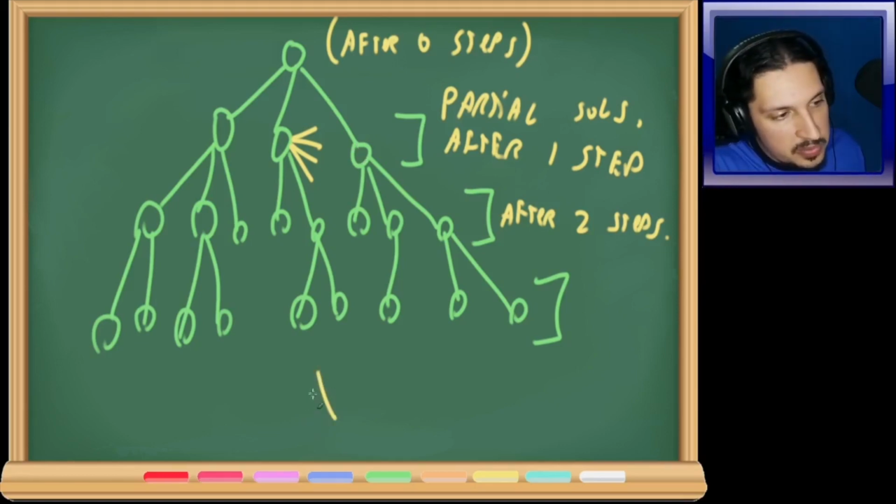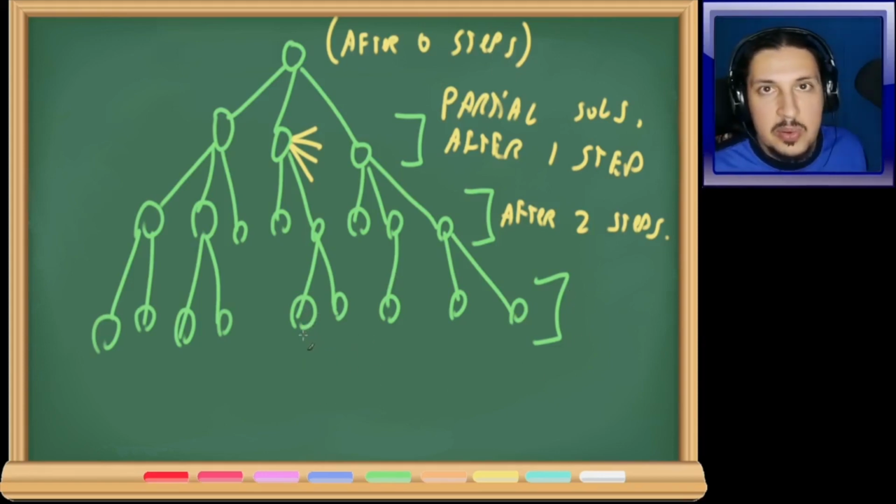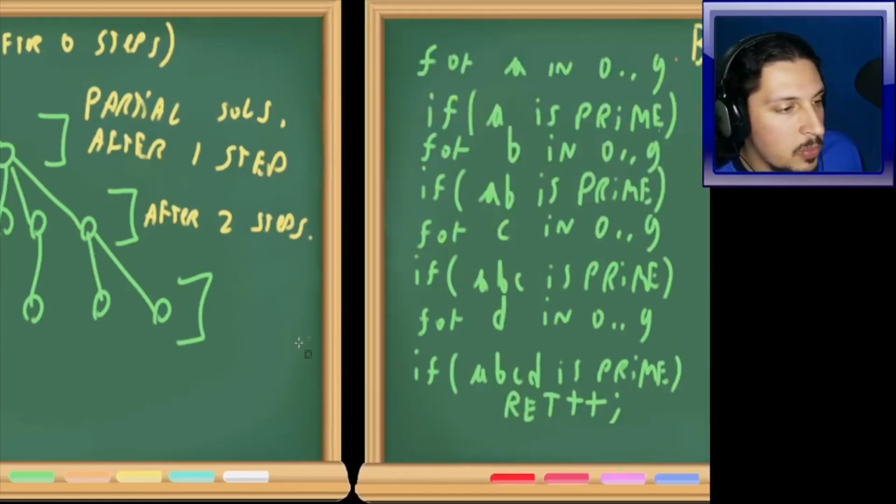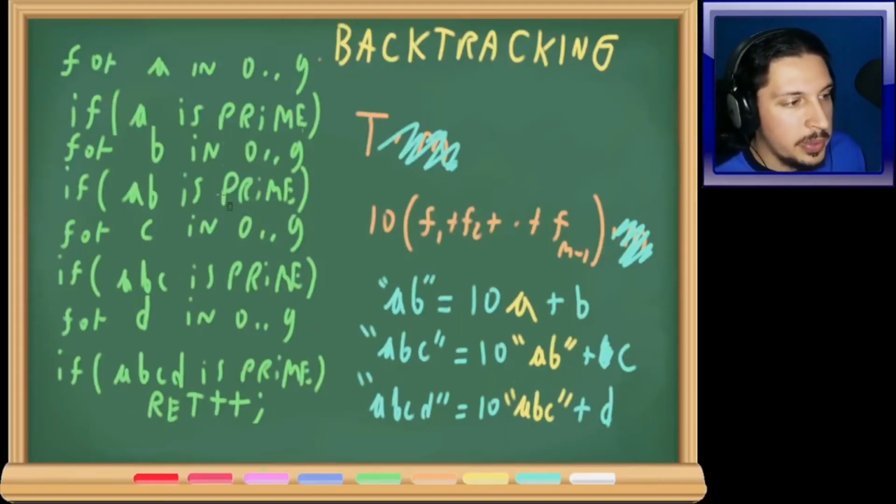And those solutions that reach the final level after all the solution creation steps are the candidate solutions that we test. In this problem, we just want to count them all because we have already made all the tests in the process, which is very common. And those, when we get to the end, we just add to the solution.